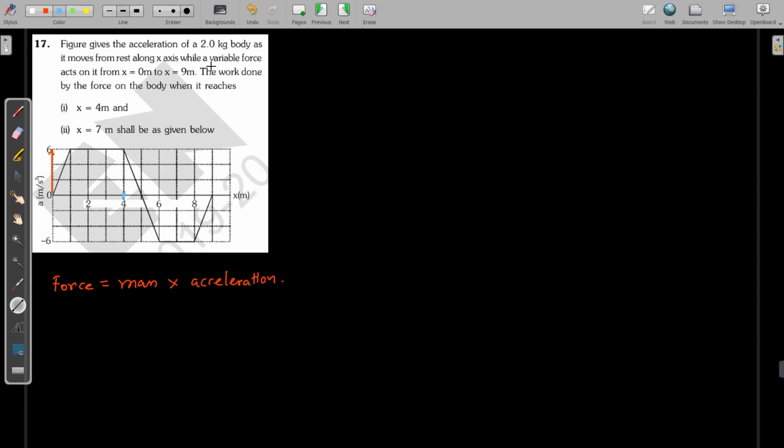Just see, work done, what we have found out. W is equal to F dot ds. We can say F is equal to what? m a, dot ds. So therefore, work done, we can write, mass is constant, a dot ds.